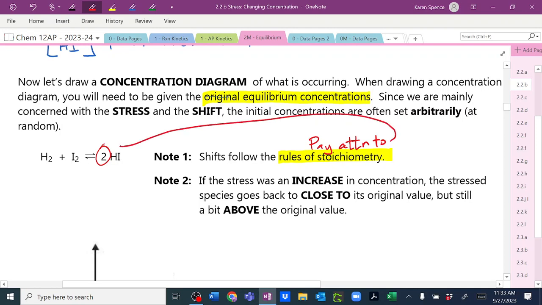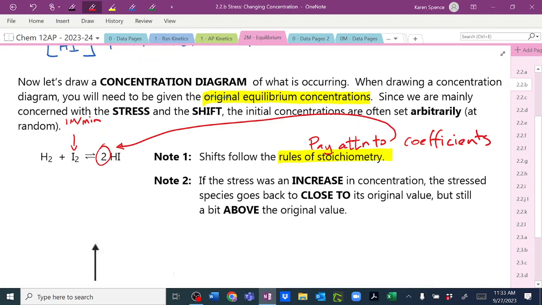Pay attention to coefficients. And that should be familiar to you from rate, because if we have I2 being used up at a rate of 1 molar per minute, HI will be produced at a rate of 2 molar per minute.